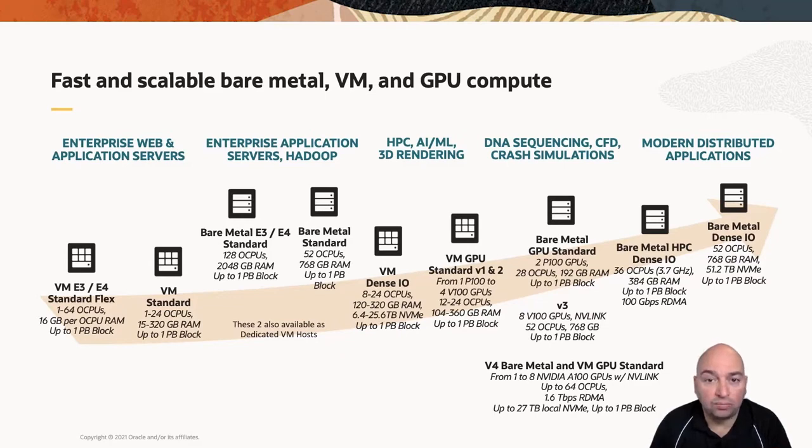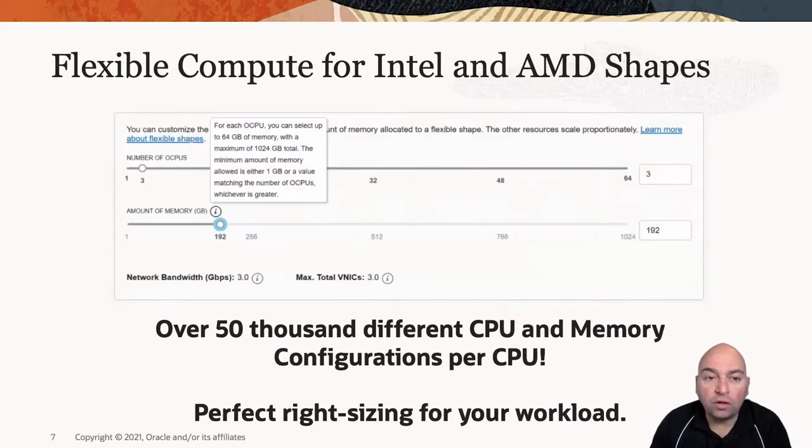in the Oracle Cloud. Now, traditionally in other clouds, when you see these type of services, then when you click on one particular type of architecture that you would like to run your workload in, you have to choose this kind of t-shirt size model where you want to have small, medium or large. In the Oracle Cloud, we offer something very unique here. We offer the concept of flexible compute, both for Intel and AMD shapes.